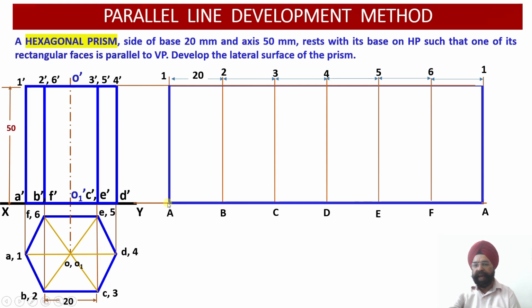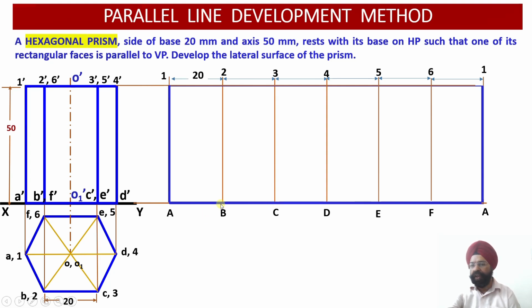So please see, I start from A, B is 20 millimeter, edge AB, edge BC is 20, edge CD is 20, edge DE is 20, edge EF is 20, and again I get back to A. So the starting point is A, B, C, D, E, F, and again A, so that wherever I am starting from, I should be ending at the same point.